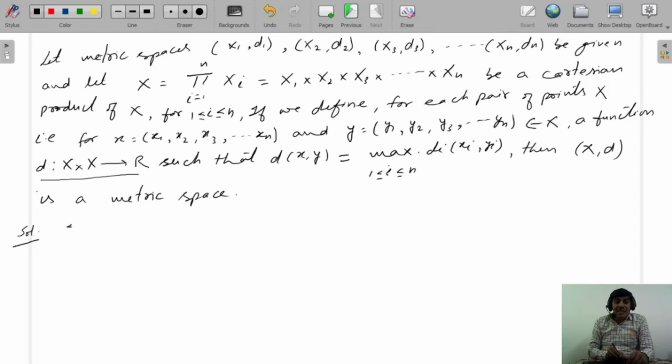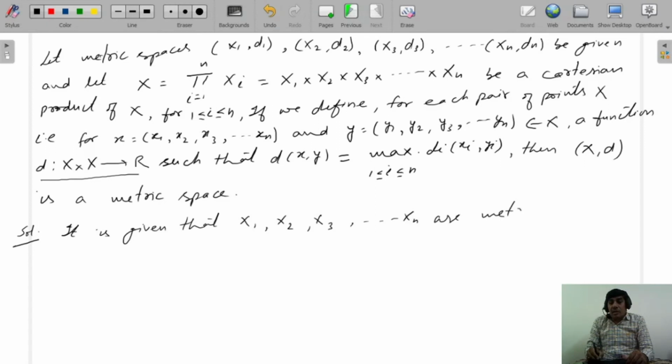It is given that X1, X2, X3 up to Xn are metric spaces with metrics d1, d2, d3 and dn respectively.